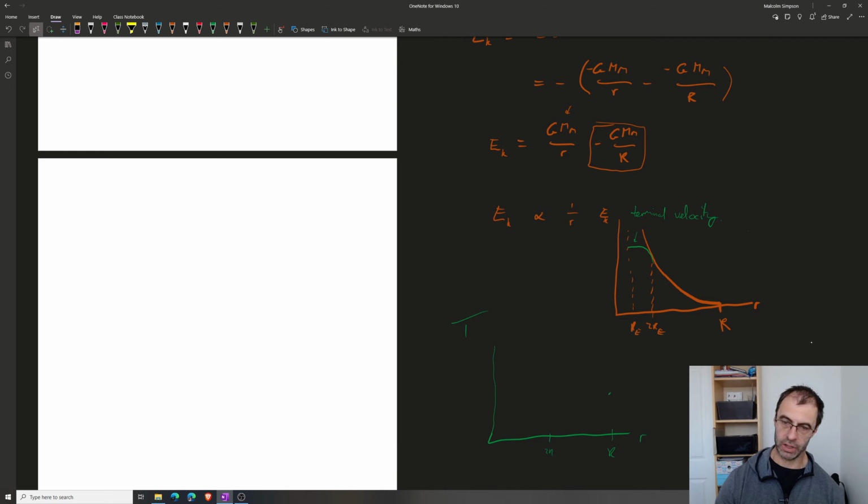Here's 2RE, that's where the atmosphere starts, and then here's collision point RE. As it falls through space, the surface temperature isn't going to change at all. There's no reason for it to change. But once it enters the atmosphere, it's going to start getting hot.